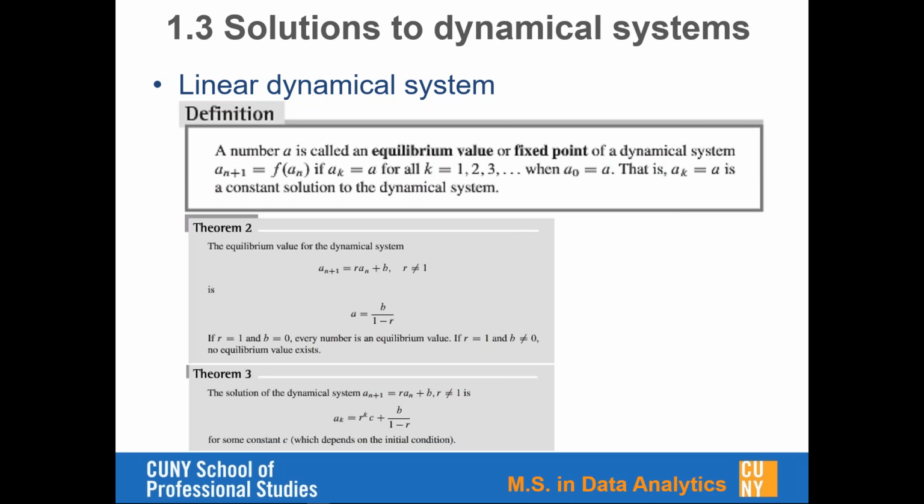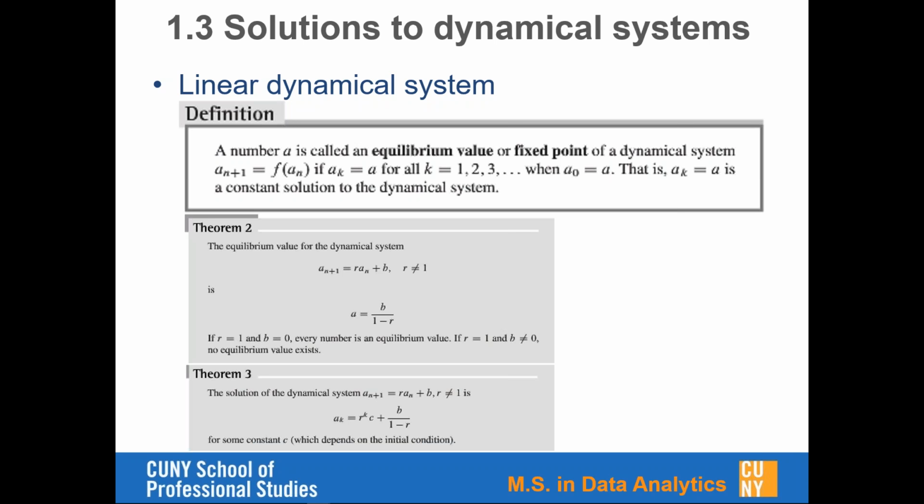And then of course we know that if r equal to 1 and b equal to 0, then every number is an equilibrium value, meaning that it's basically constant, right? Since b is 0, every time it doesn't change as time goes on, the value doesn't change.